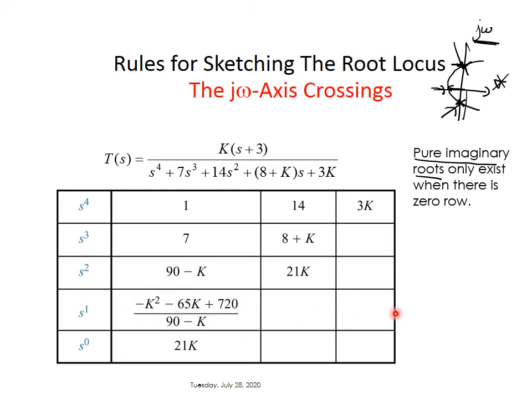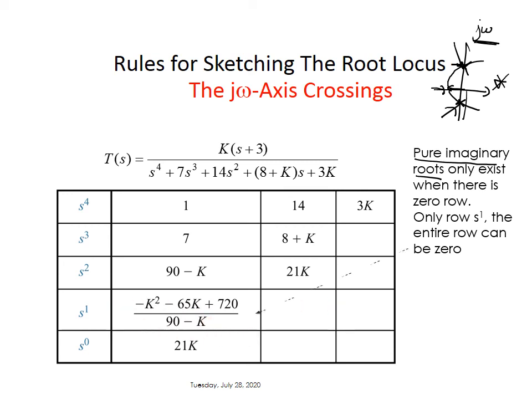This cell can be 0 if the numerator of the fraction is 0. So only the row of s to the power 1 is where we can have the entire row as 0, right? So this is the row where it could be 0.